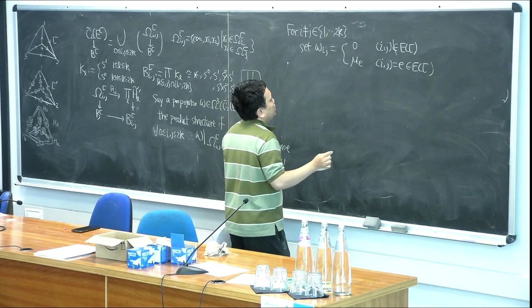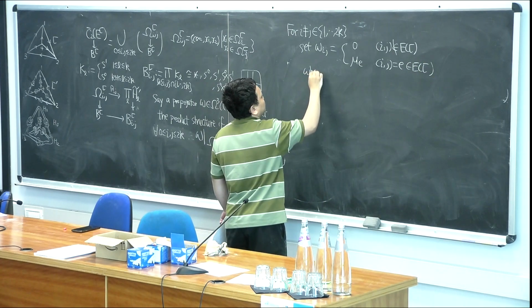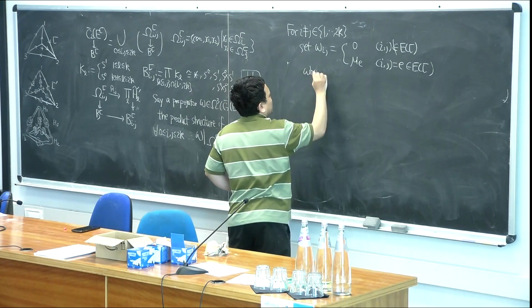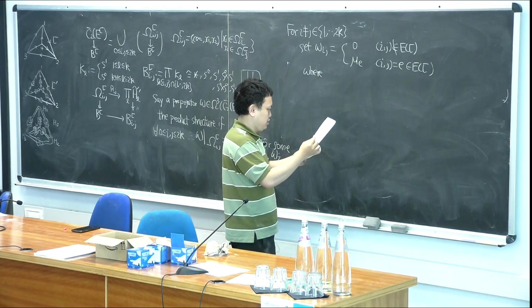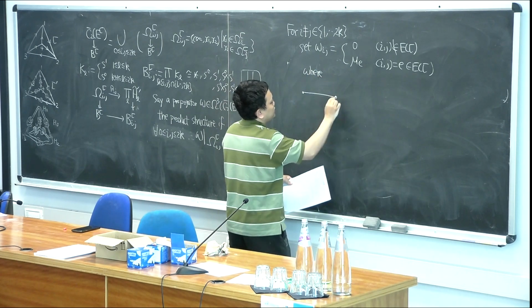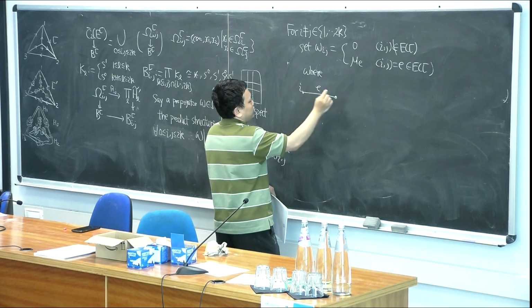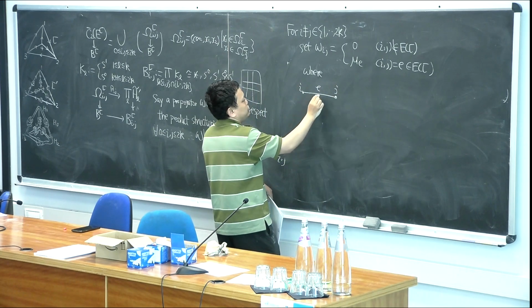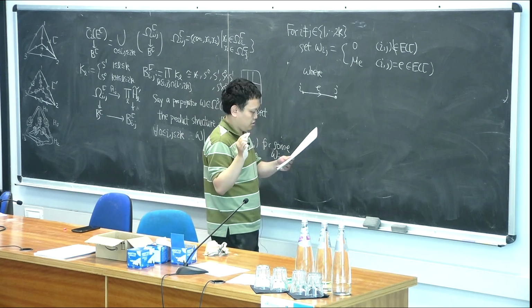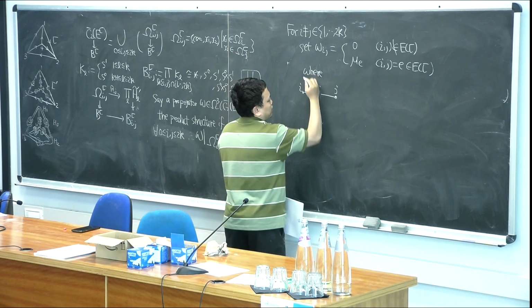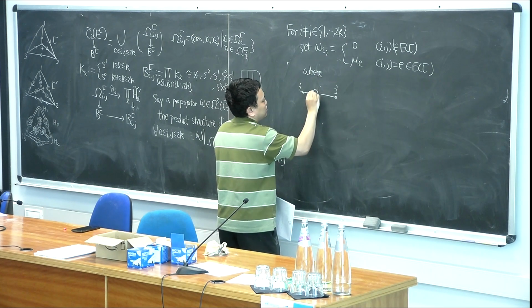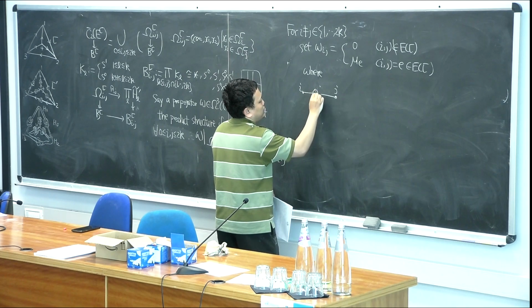Where, what's mu e? Suppose e is an edge going from i to j. And remember that we have a corresponding component, a Hopf link.